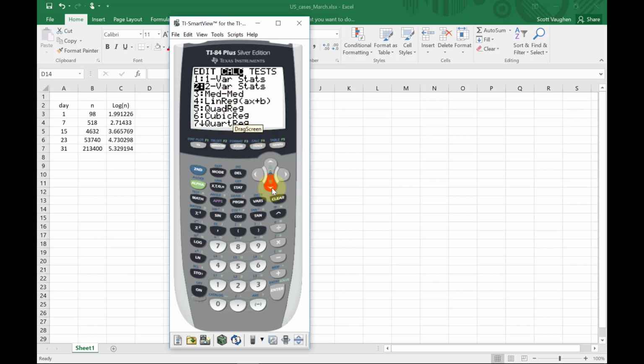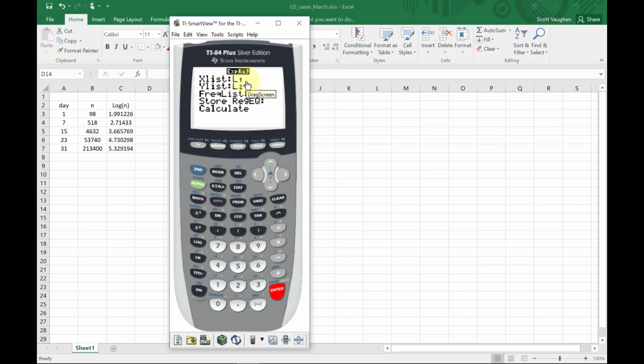So this is the kind of scientific decision that we would make as to which one of these seems most appropriate for the given data, and we'll choose exponential regression sort of based on the scientific analysis here, and then the mathematics will produce the curve that is the best fit for that data. So hit enter on that option for exponential regression if that's what we're going to decide to model it with.